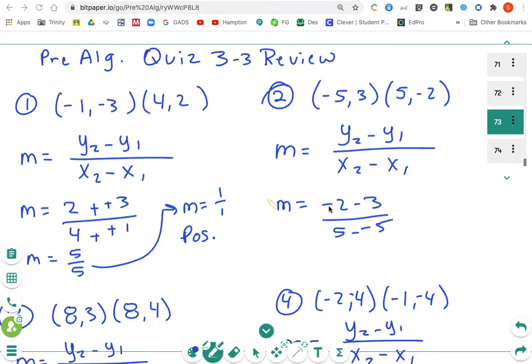We're going to keep, change, change, keep, change, change. So we're going to have m equals -5 over 10. We need to simplify that to m equals -1/2, and it is a negative slope.